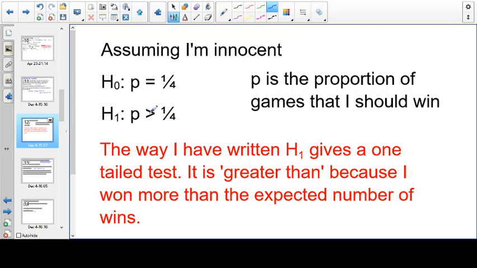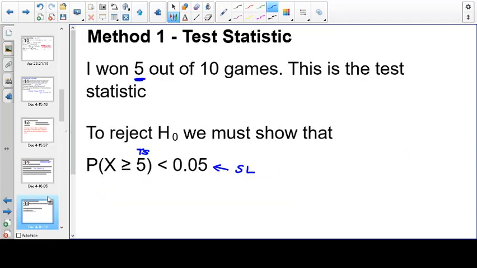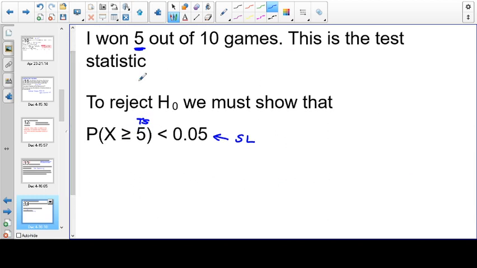So because this is greater than, then this has got to be greater than. And then because I got 5, we also put the equal to. So this is always ever going to be greater than or equal to, or less than or equal to, depending on the alternative hypothesis. This is always going to be less than, and then this will depend on what the chosen significance level is. So in this case, this is the 5%.